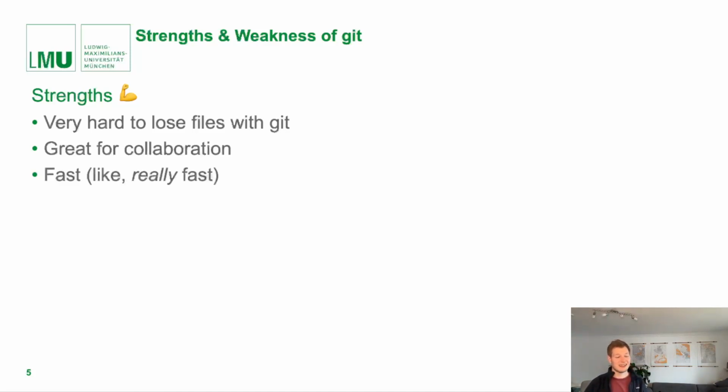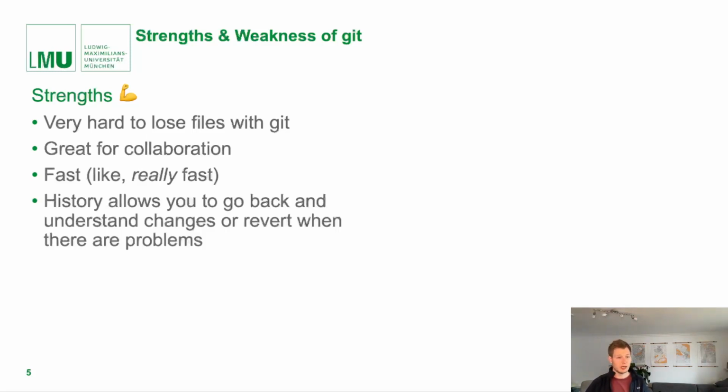Then third, it's really, really fast, which is great. You can have lots of changes and Git will just blaze through it and immediately detect just the changes, which is super convenient. You get this huge history where you can just go back to the very beginning of your project. And also if you get into a new project, you can see how the project evolved, who changed what, which person to ask, right?